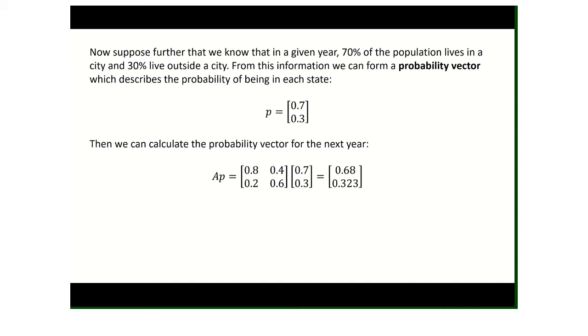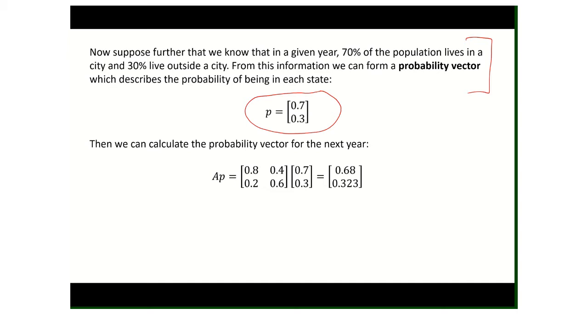What's the probability of being in one of your states? So here we have two states. State 1 is in a city, state 2 is outside a city. What's the probability that somebody's in state 1? This additional information says there's a 70% chance that the person is in a city. So we write our probability vector this way, as the probability of being in that state.